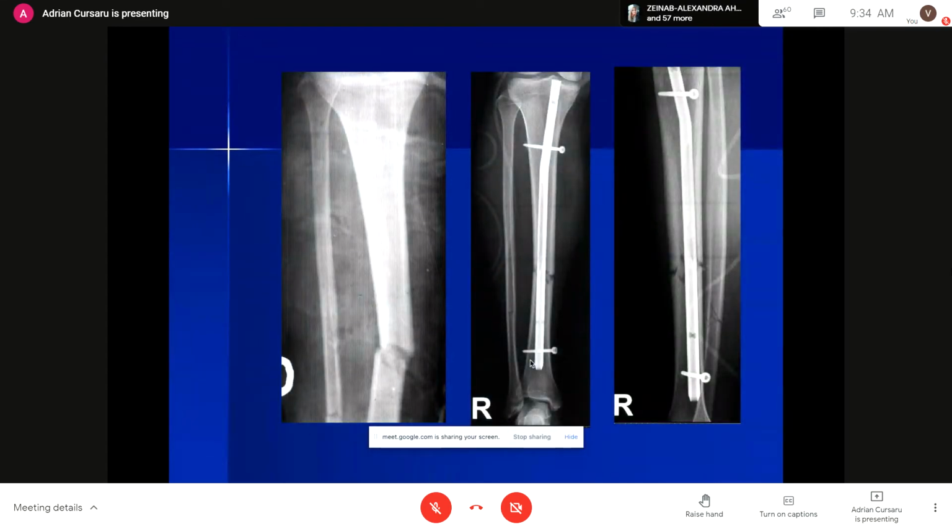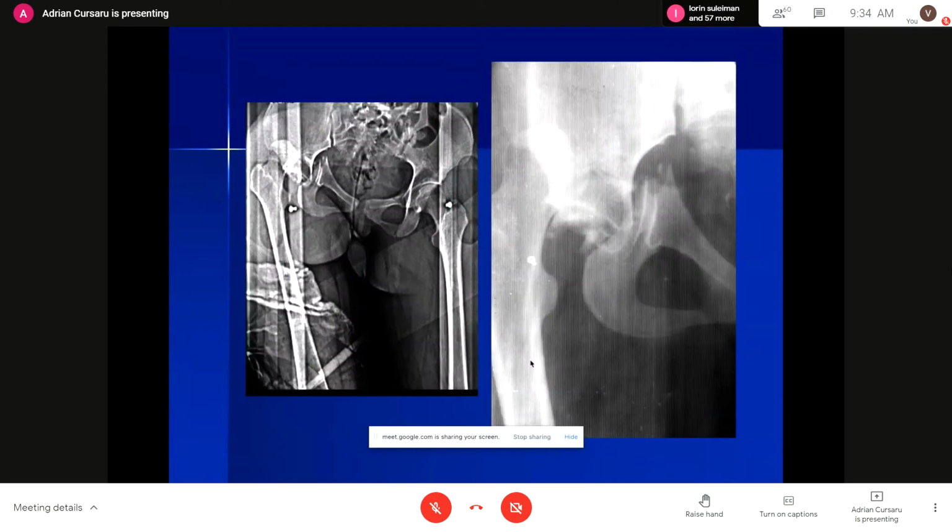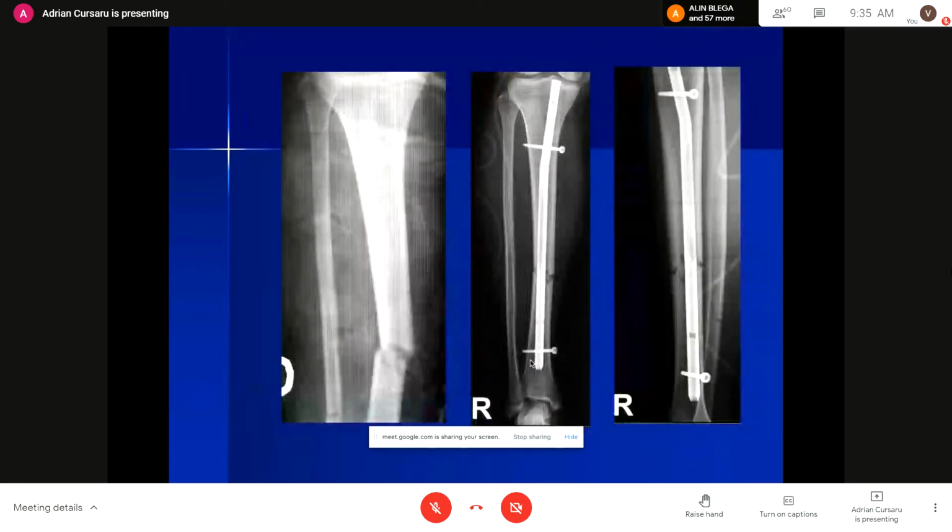We have put those images here for you to understand what kind of treatment we have to use. The treatment is correlated with the site of the fracture. The middle part of the tibia shaft is an extra-articular fracture.